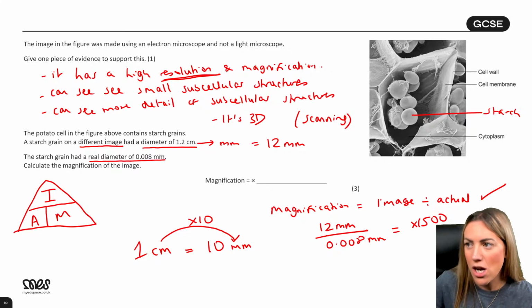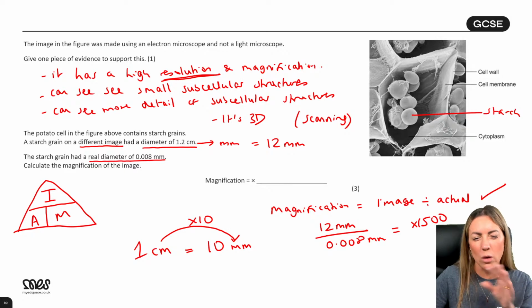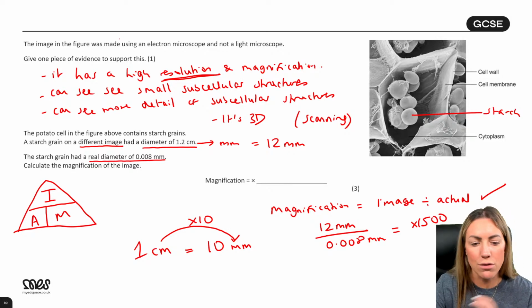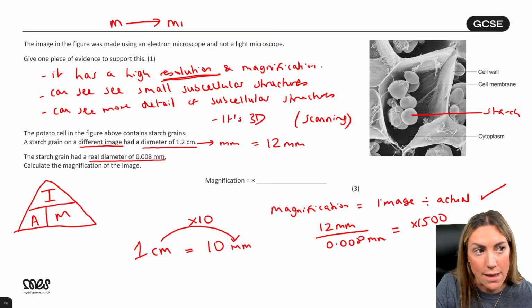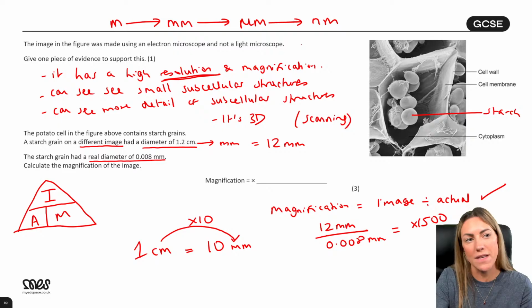Yeah, thanks, guys. Right, a few of you have asked me to do some other conversions. So I'll do you a quick little diagram, which you can copy down, which might be helpful. I'll do the common conversions that you need for biology, okay? So meters to millimeters to micrometers to nanometers. These are the ones on the AQA specification that it says you should be able to do.